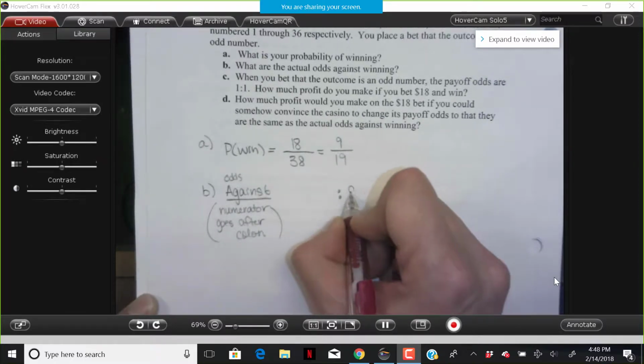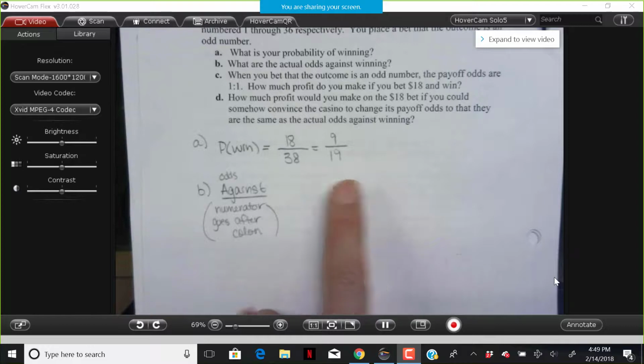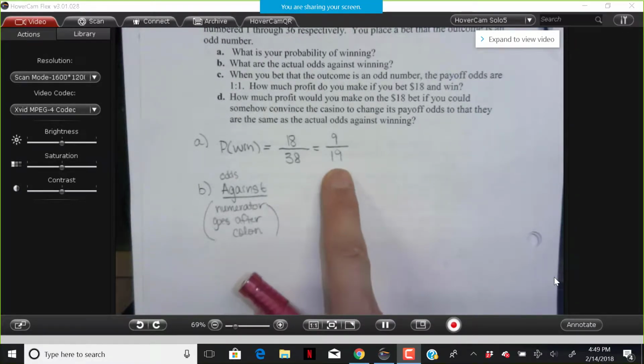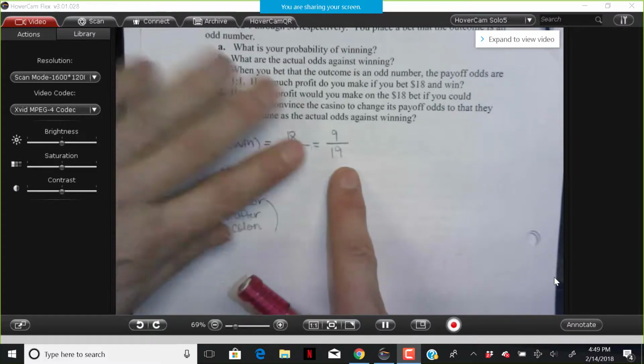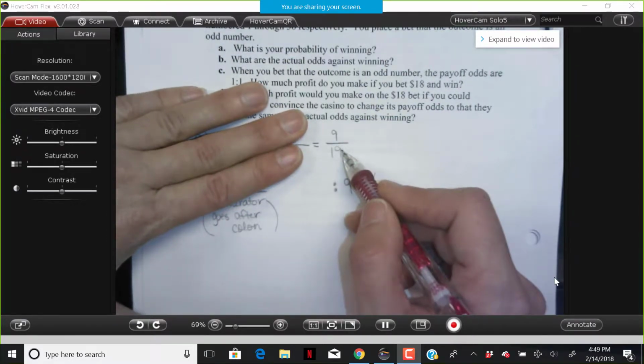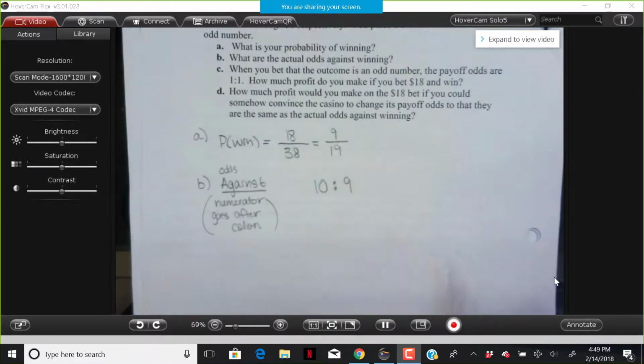So 9 goes after, and I'm going to use the simplified fraction. If there are 9 ways to win, how many ways are there to lose? 10, because this is in the simplified form. There are a total of 19, 9 are winning, which means 10 are losing. So 10 to 9.